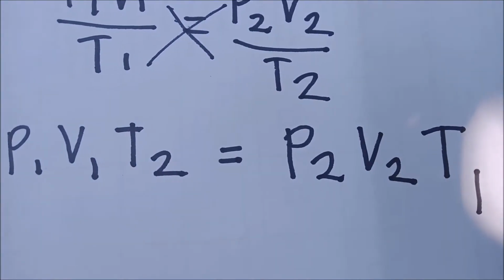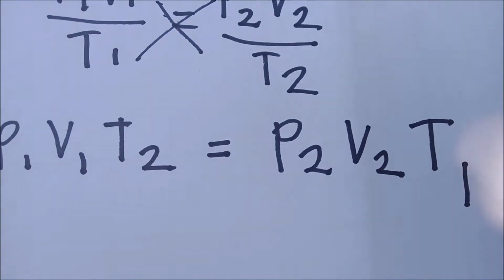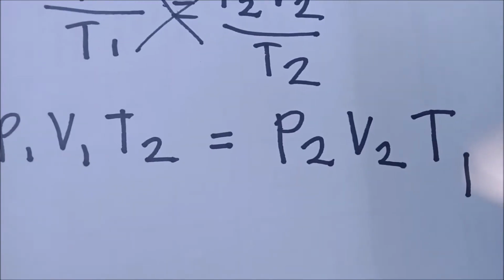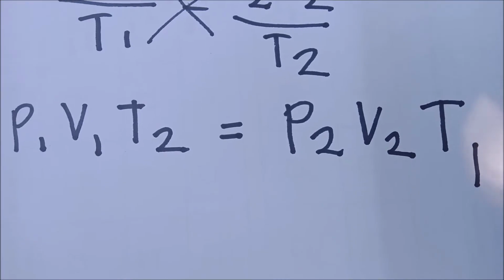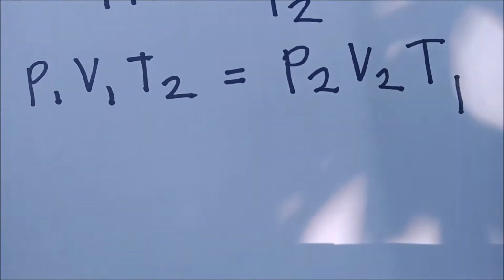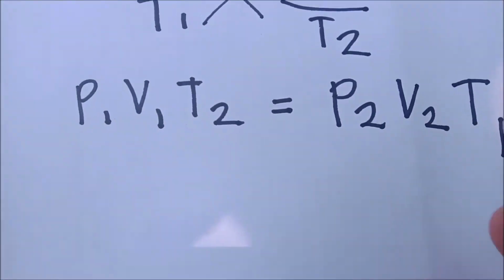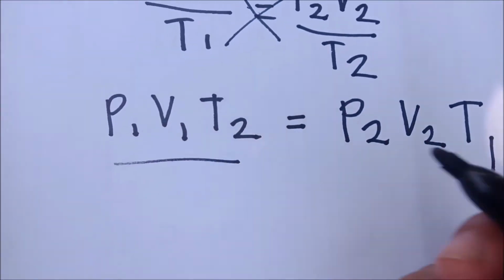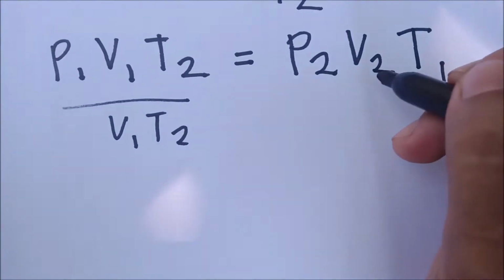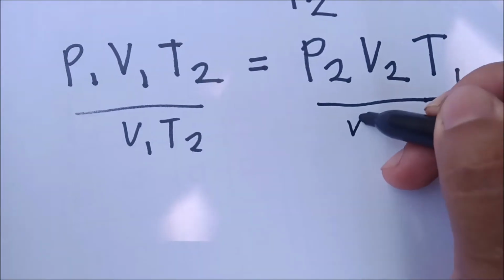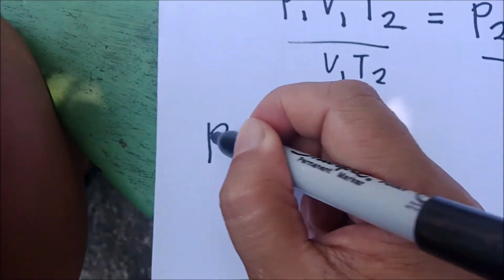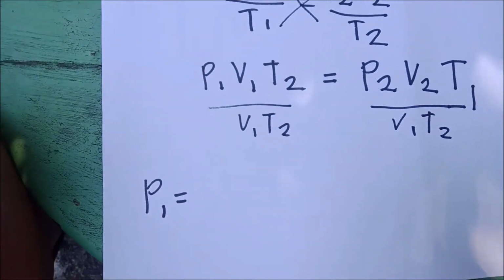Same as with V1, T2, P2, V2, and T1. We can all derive the formula for these physical quantities. So let's do it. First, on this side, if we want to eliminate V1 and T2, dividing both sides by V1 T2, we shall arrive with the formula for P1.